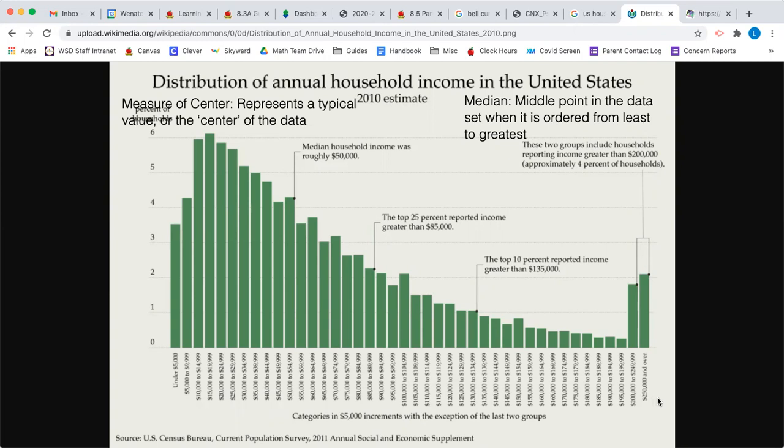So if we look at the graph, it actually already tells us where our median is. And our median is at this point right here. It is between $50,000 and $55,000. And you might be saying, well, why are we using the median instead of the mean? The reason why we're using the median instead of the mean is because this data is heavily skewed.